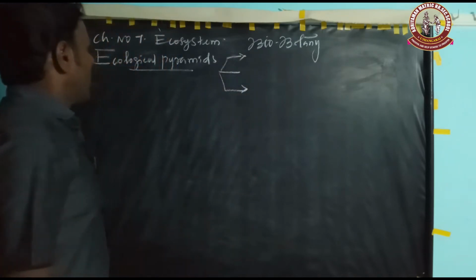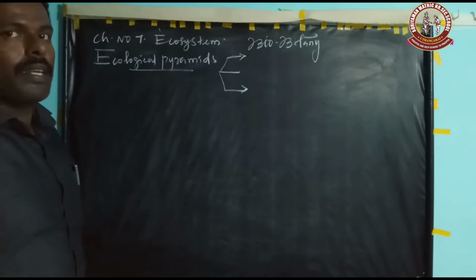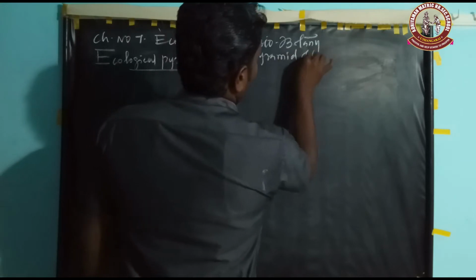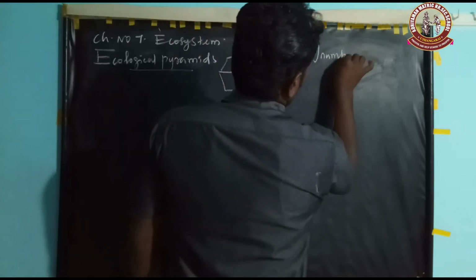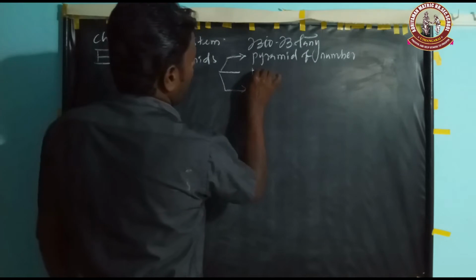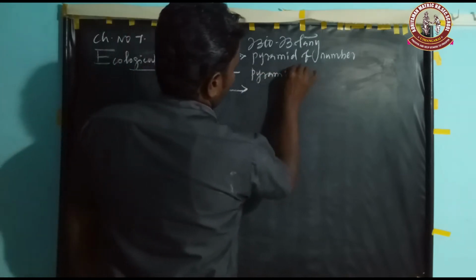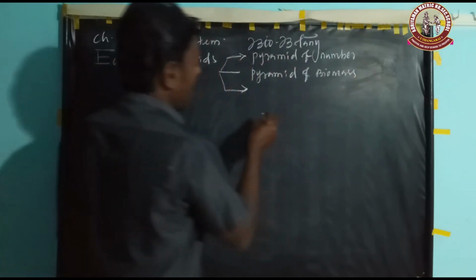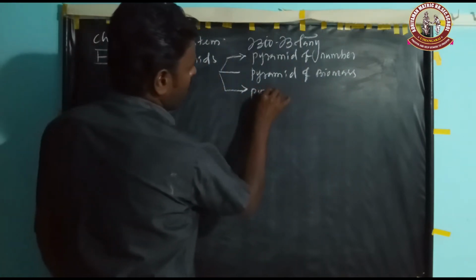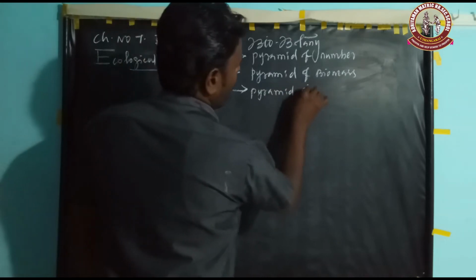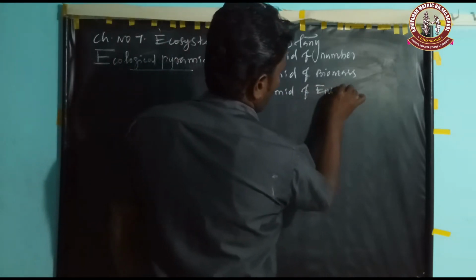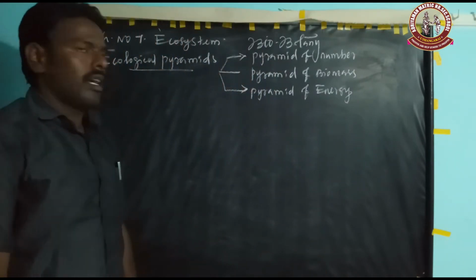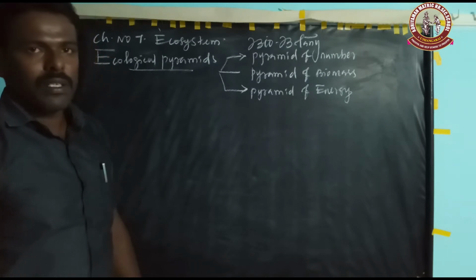Generally, there are three types of ecological pyramids: pyramid of number, pyramid of biomass, and the third one, pyramid of energy. So now we will discuss the pyramids one by one.